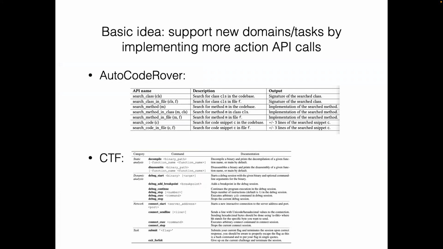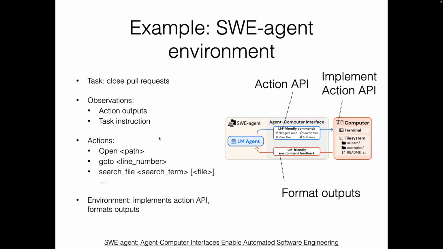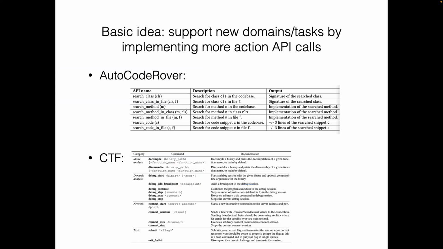You don't have to just use the functionality that's here. You can also support other things, like more fine-grained actions such as search class and file, search method, search code. Here they're designing actions for decompiling or debugging.